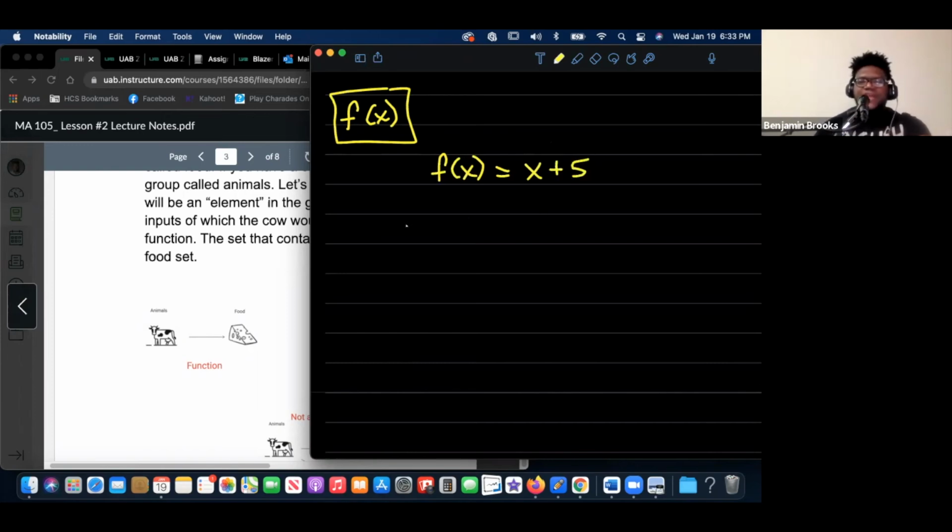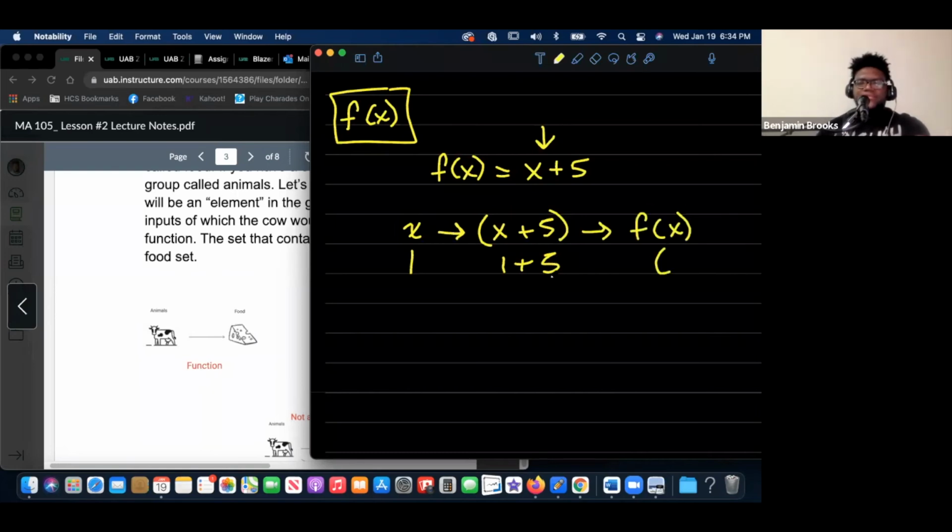So here's what's going to happen. Basically, we're going to take some x value. Let's say we take the x value of 1. We're going to plug it into x plus 5, because the right side of the equation tells us the set of instructions that should happen to x once it enters into the equation. So that'd be 1 plus 5, which yields 6.